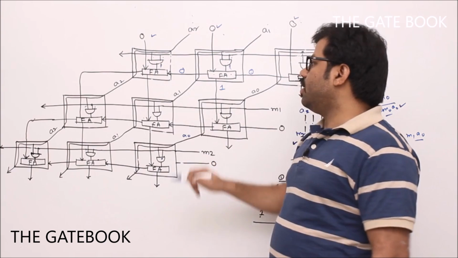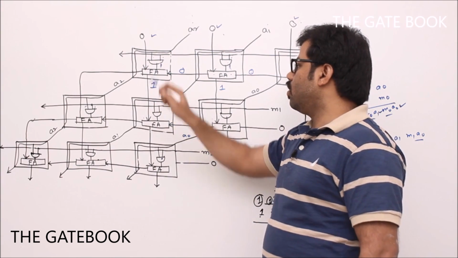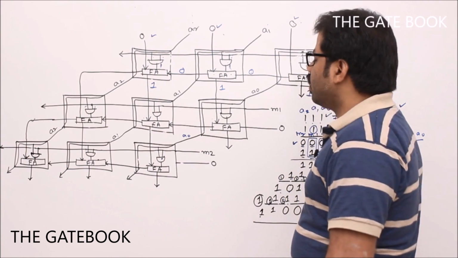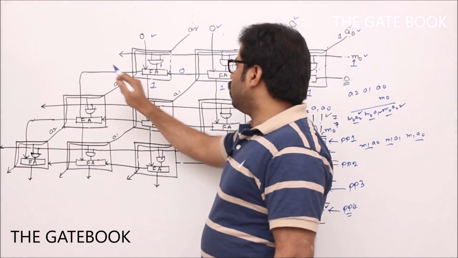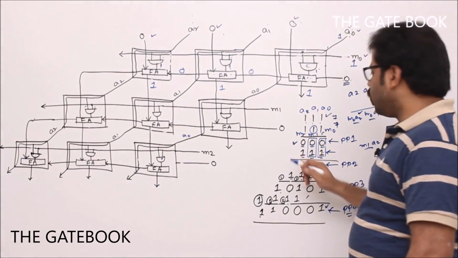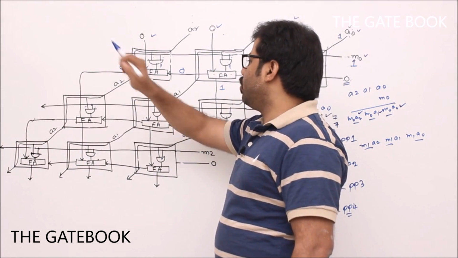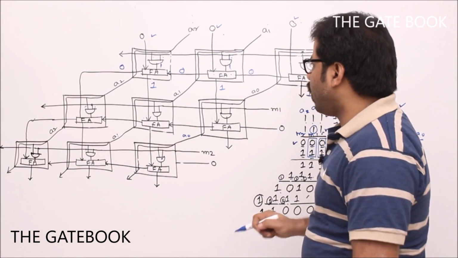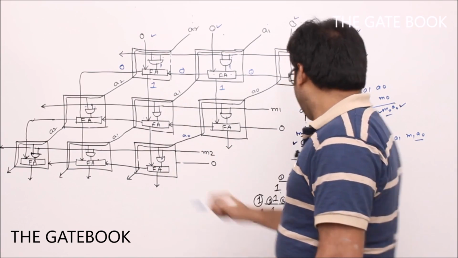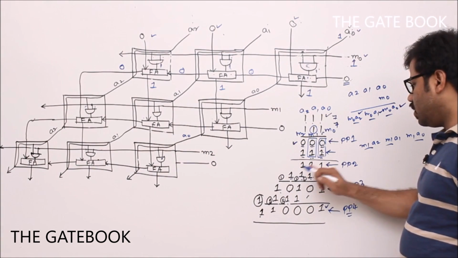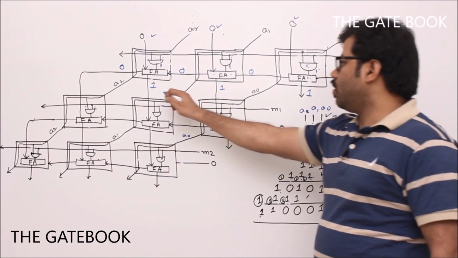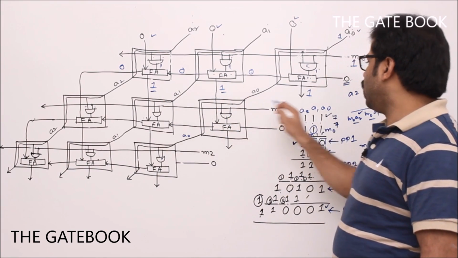These three will be added, so you get a sum of 1. Okay, fine. Sir, any carry? No carry, right? So again same story. 0 plus 1 is 1, so no carry. So carry 0 will be propagated. Now if you see the final answer, here 0 0 0 plus 1 1 1 is 1 1 1. You can see here 1 and 1 and 1.